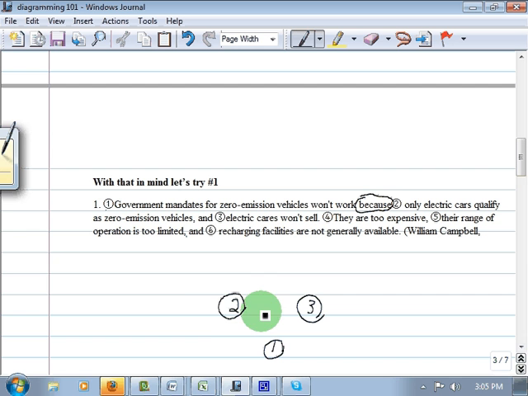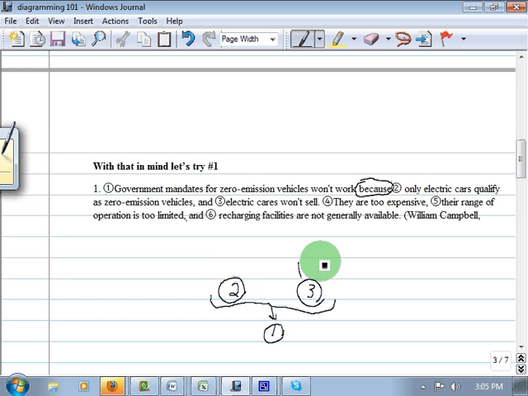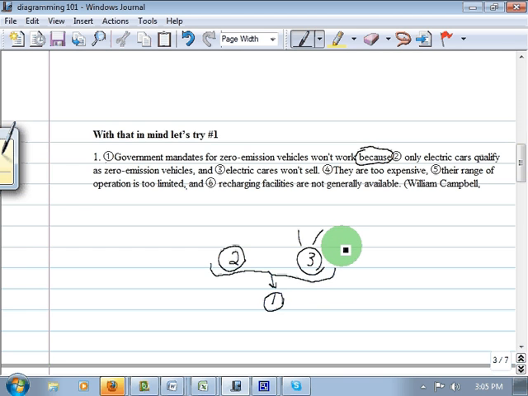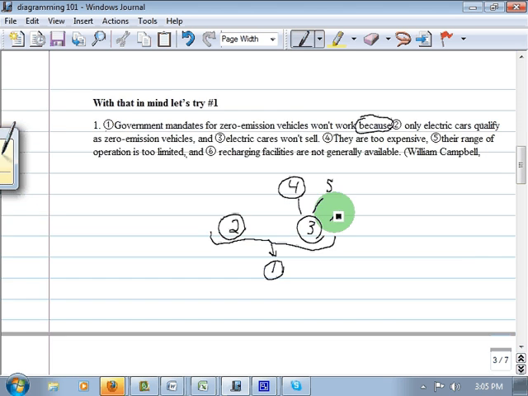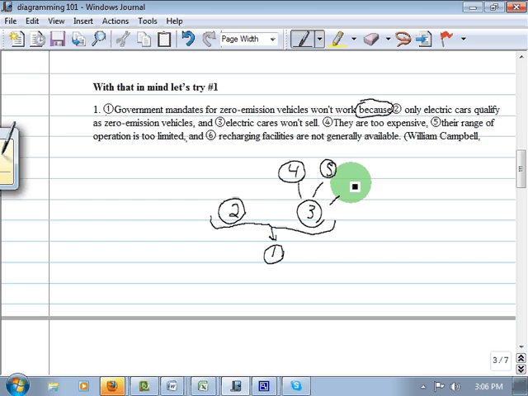And so it looks like these two are going to support number 1 together. But number 3 also has some backup in and of itself. So those three I'm going to put here. Number 4 is going to go here, number 5 will go here, and number 6 will go there.